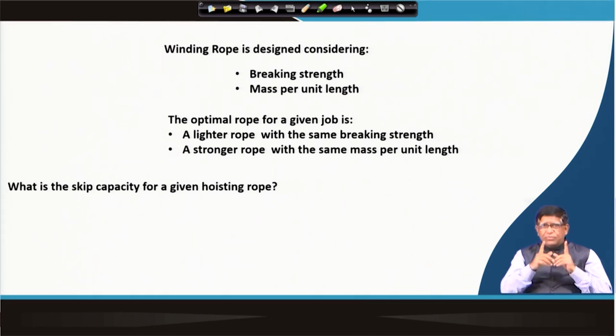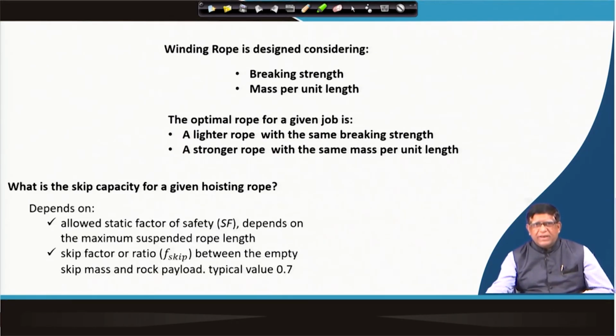As you know, these two constraints are that we have to have a lighter rope with the same breaking strength, or a stronger rope with the same mass per unit length. Then what will be the optimal rope for a particular skip capacity?